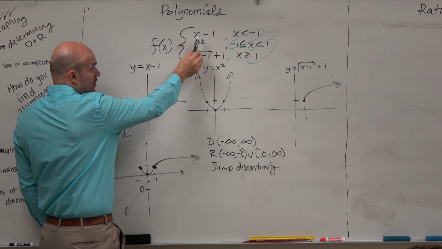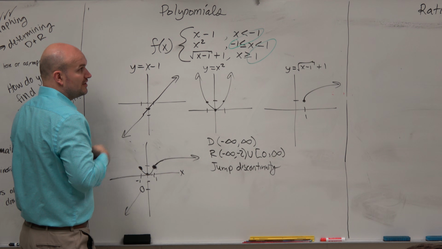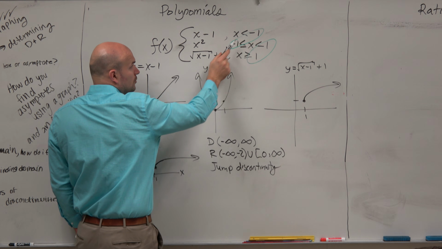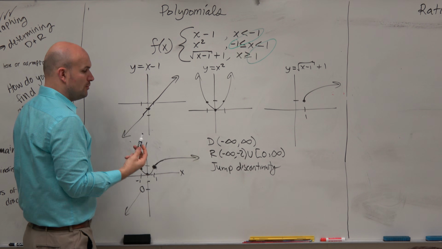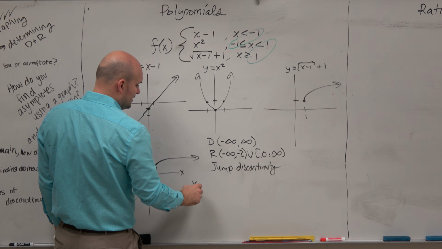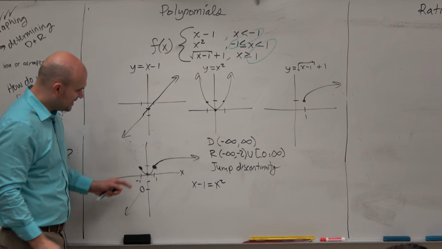So again, guys, we know that all three of these functions are continuous. So the only time we could have a discontinuity is where we go from one function to the next, which occurs at -1 and 1. So what we could do to test for continuity is we can just say, well, if this function is continuous, then don't you guys agree?